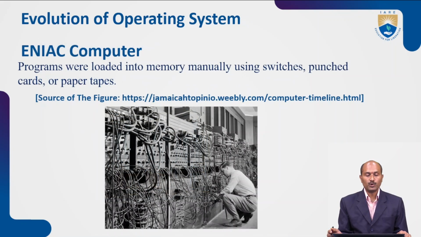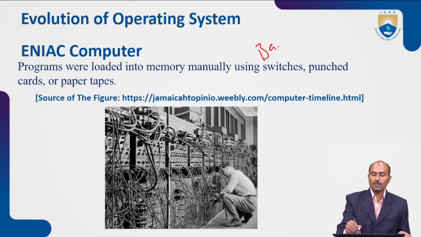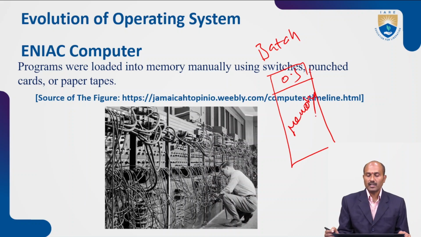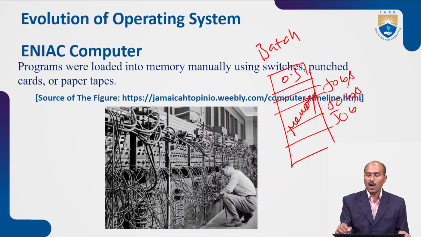In this computer, programs were loaded into memory. A batch processing operating system was used, and the operating system was resident in memory. The memory was divided into small jobs, and these jobs are in the job pool section.